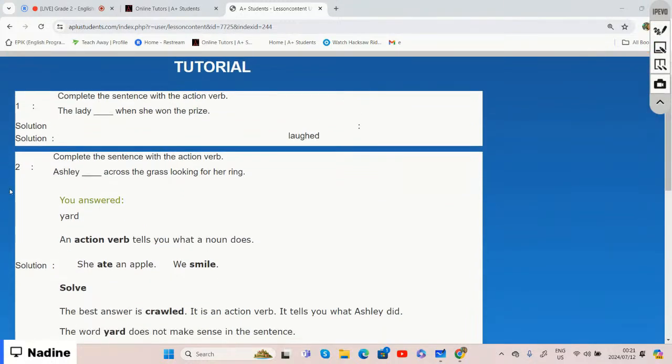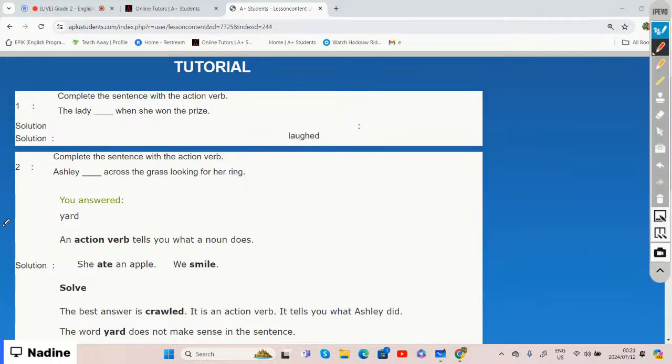Ashley, blank, across the grass looking for her ring. Let's say, for example, your ring or something fell on the grass.